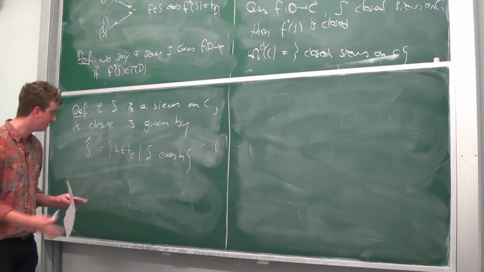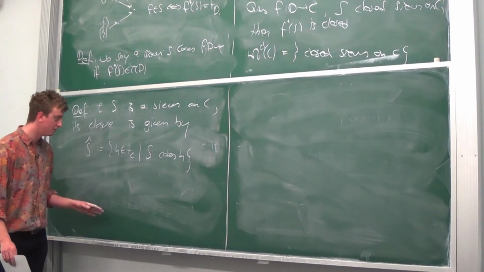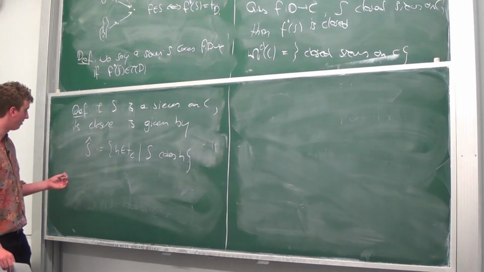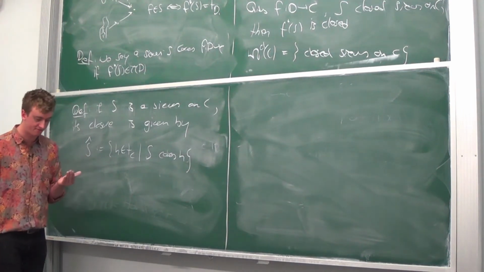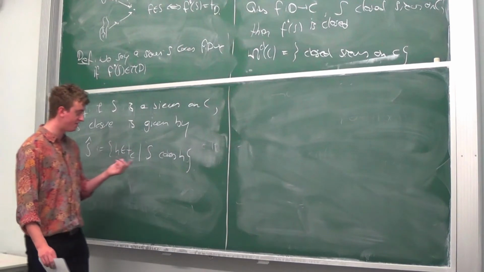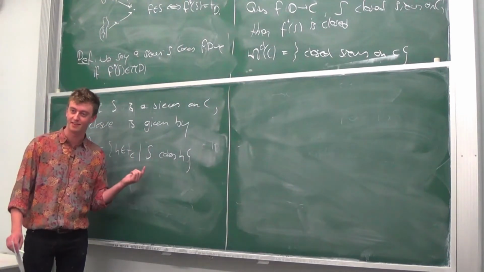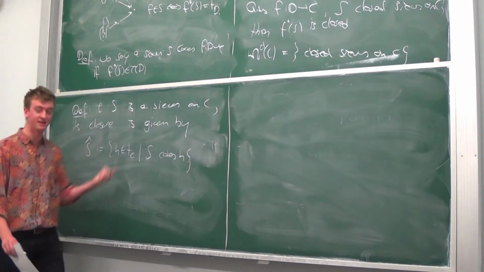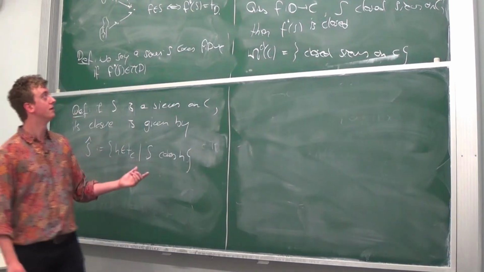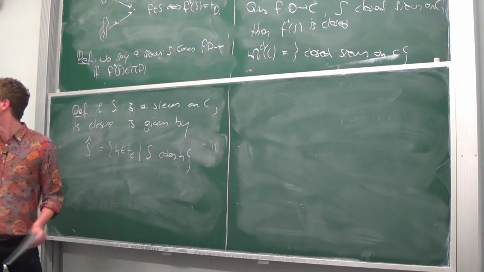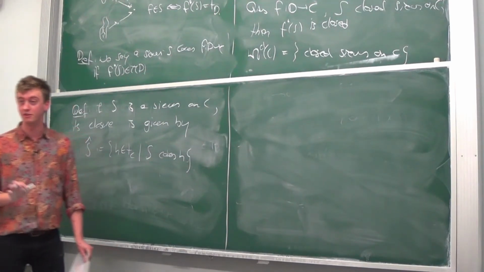As a sanity check, this is definitely closed. Why is that? Well, if we suppose that S hat covers f, then by definition S covers S hat. So by the transitivity axiom, S covers f, and so f has to be in here. So it's closed. I can also show, which I won't for time reasons, that this is actually universal among closed sieves.